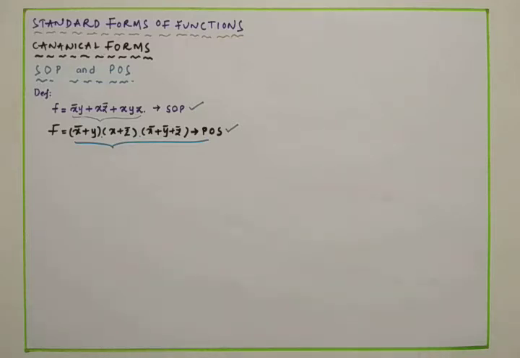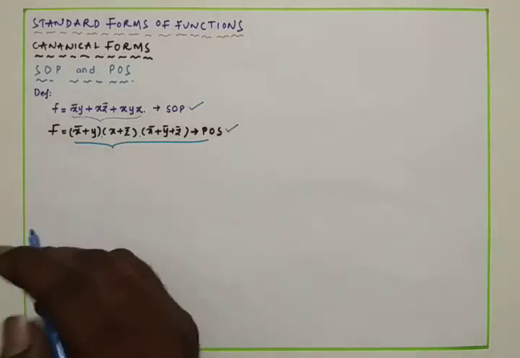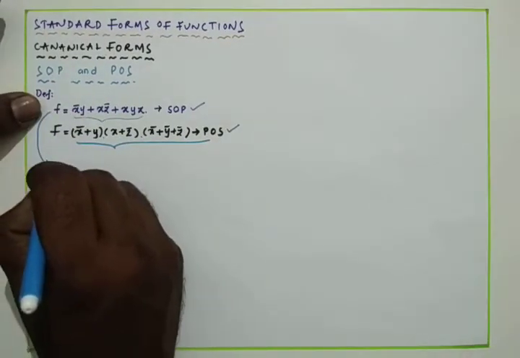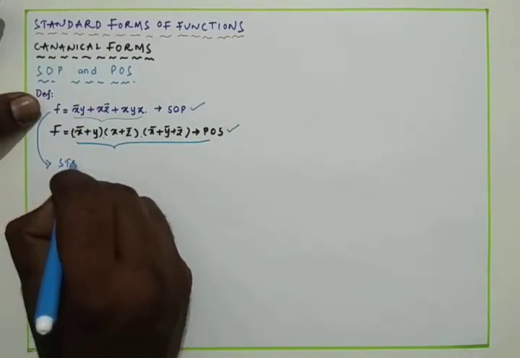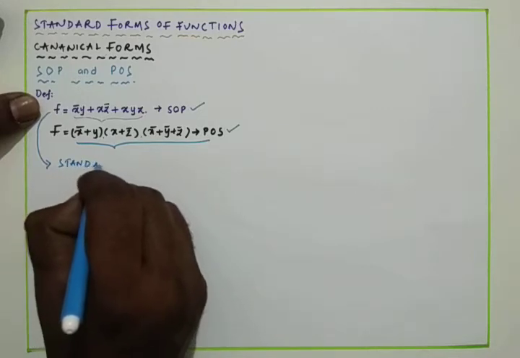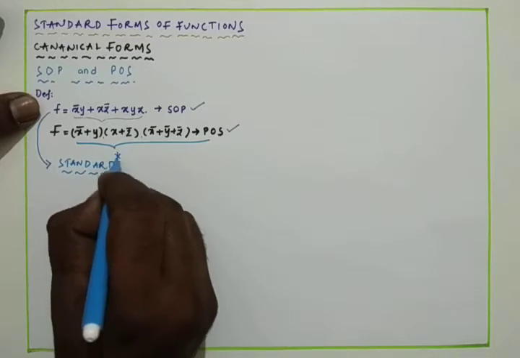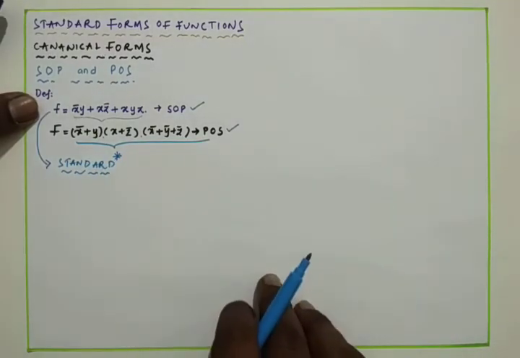In the previous class we studied how a simple SOP is converted into standard form. Standard form is also called canonical form.